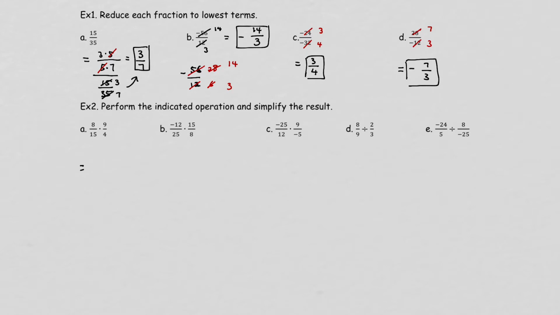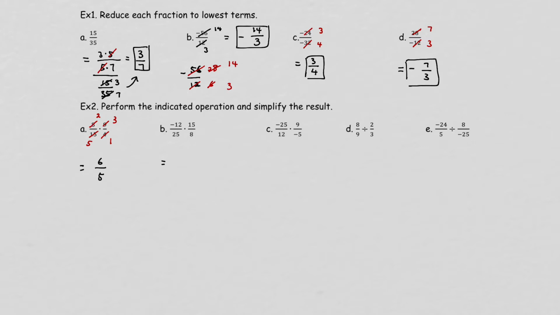When you see this first example, it looks like 4 goes into 8 2 times. 15 and 9 look like you have 3 in common. I don't see any other common factor. So in the numerator, you're multiplying 2 times 3, denominator 5 times 1. Right? It's easier to find the simplest form of the solution if you reduce first.